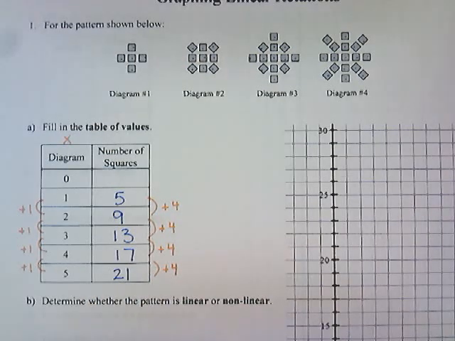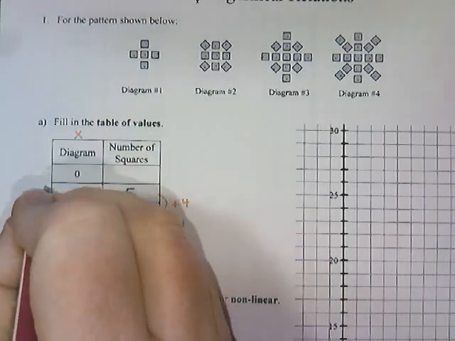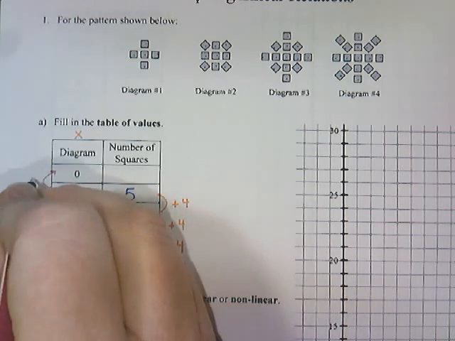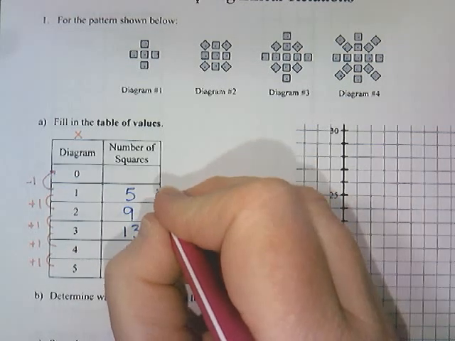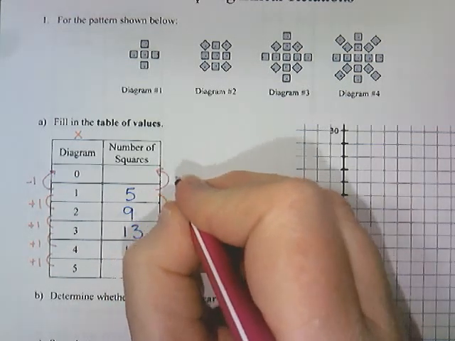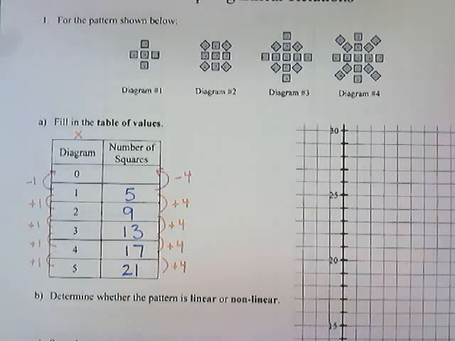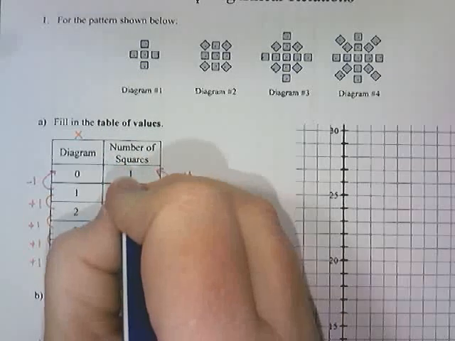And then if I was going backwards to find term 0, if I was adding 1 on the other side, I would subtract 1 to go backwards. And then on the Y side, instead of adding 4, I would subtract 4. Sorry. 5 take away 4 is 1.